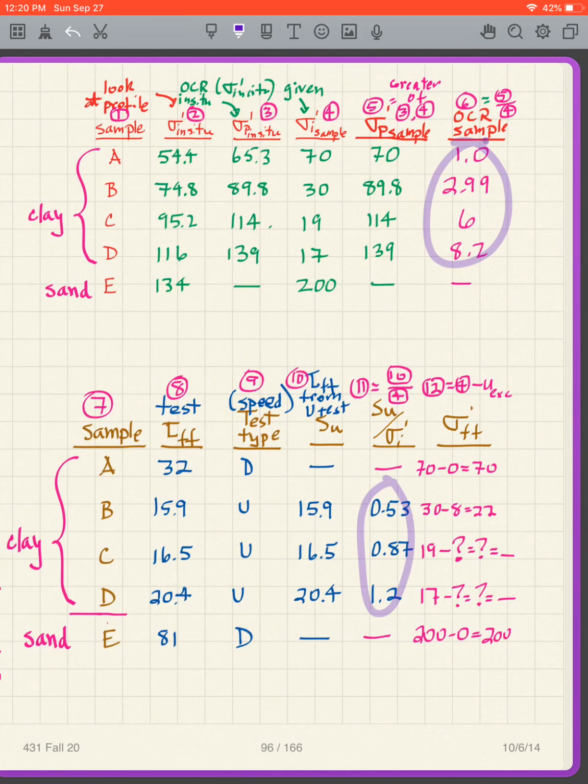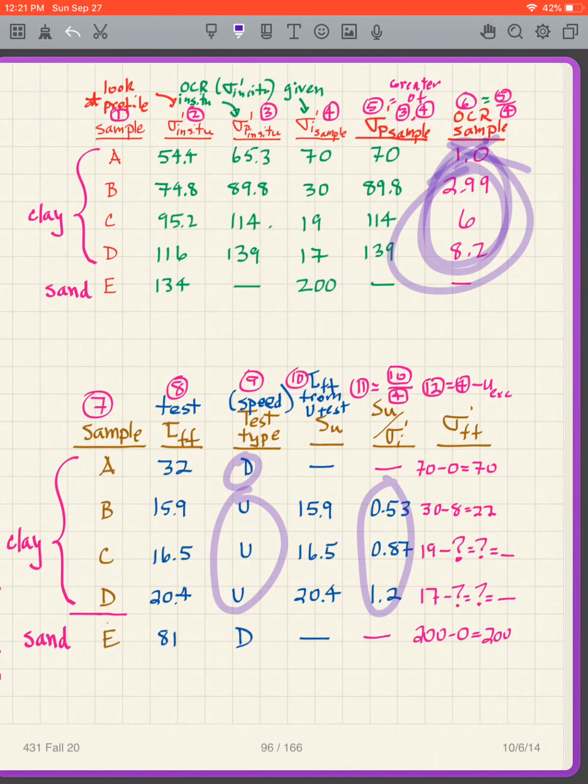We can't use the top one because that's a drained test. So we just use the undrained tests here. And so we're using these points. That's my x-axis, 2.9, 6, 8.2. My y-axis numbers are 0.53, 0.87, 1.2.